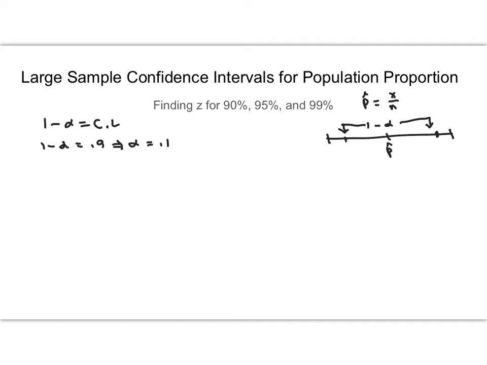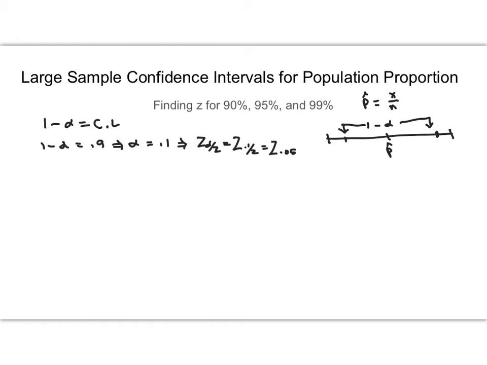To find our z values for a 90% confidence interval, we use z alpha over 2, and that's going to give us the z values around our confidence interval. So if we want a 90% confidence level, we have z 0.1 over 2, which is the z value that goes with 0.05.